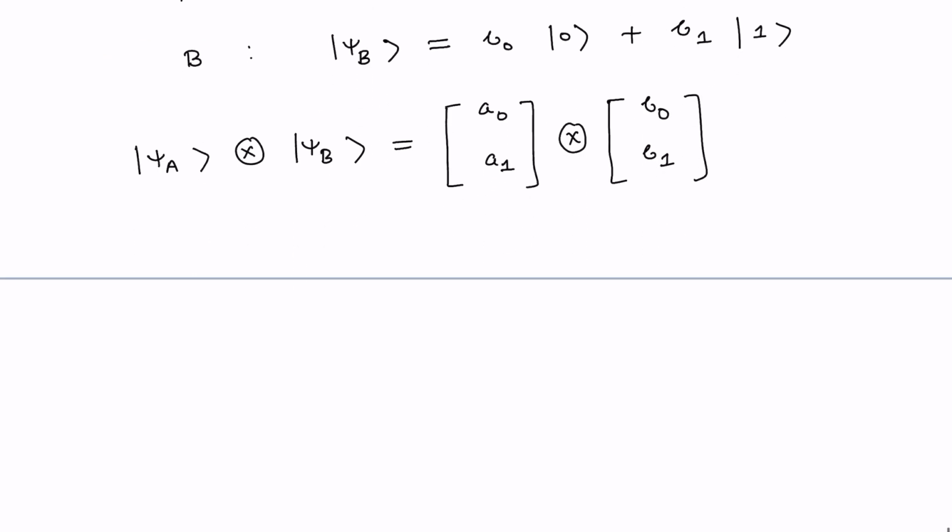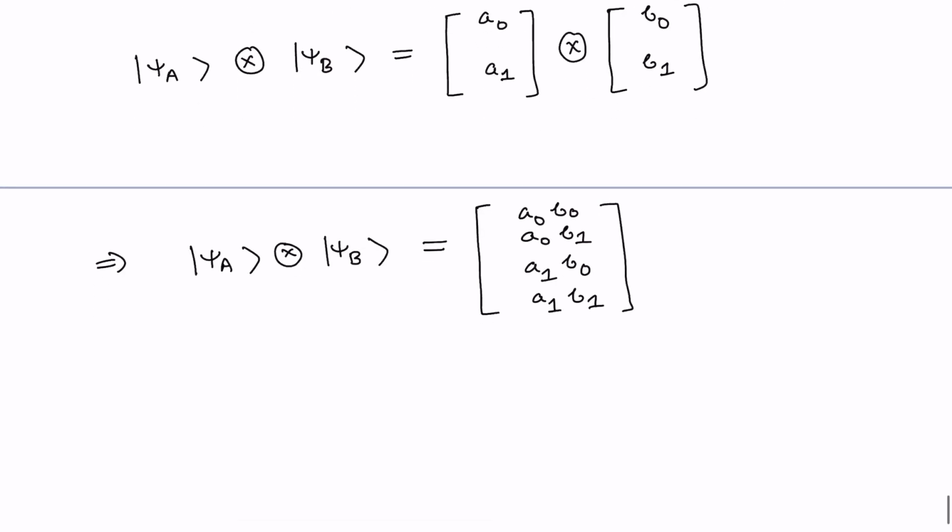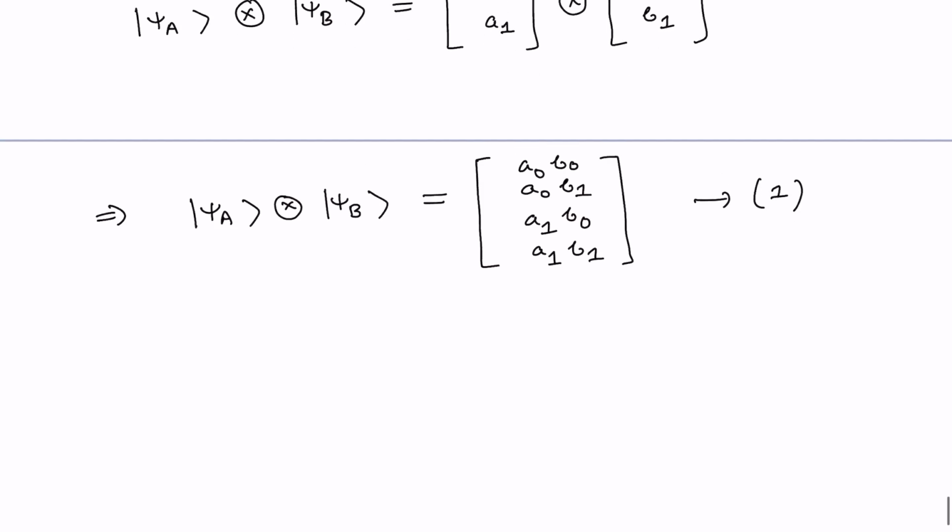This gives you the direct product of the two qubits in the matrix form. I will get A0B0, A0B1, A1B0, and A1B1. So this is called a product state. Let me give it an equation number.